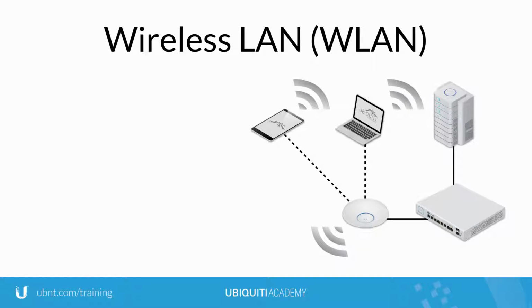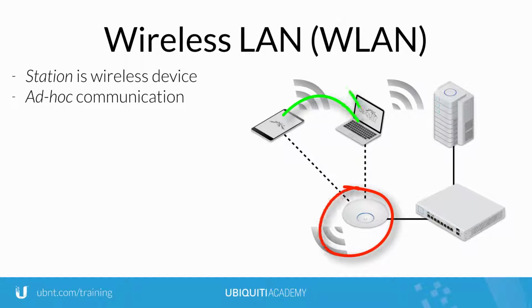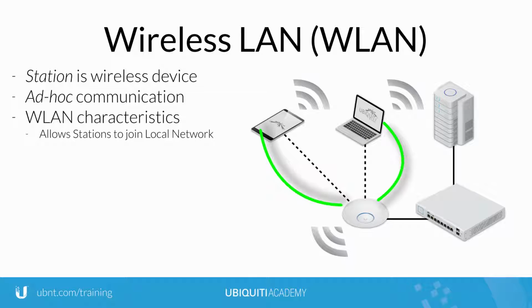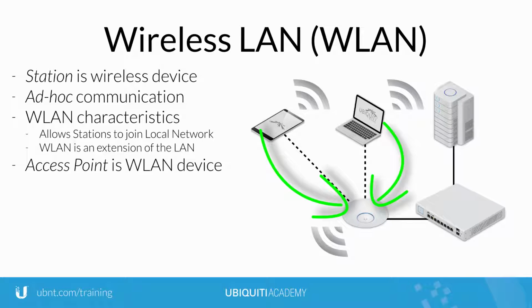Nodes with wireless radio capability are called stations. Ad hoc describes stations that communicate independent of LAN infrastructure. In contrast, a wireless LAN, or WLAN for short, allows wireless clients to connect to and communicate on the local network through access points, devices which increase the size of the LAN by broadcasting or announcing the existence of the wireless network.